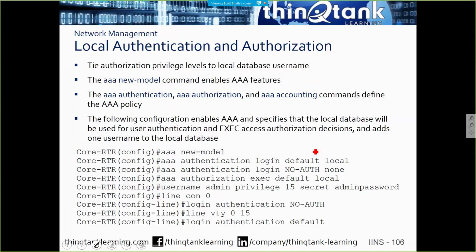And we're going to use the local AAA configuration for all authentication on this device. Does that make sense? We're using the local database, the local username database, which is the usernames that we specify in the platform as our authentication method.